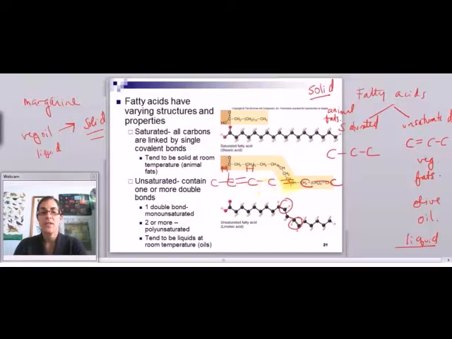Again, the double bonds keep it liquid. What they wanted to do was convert it to something with fewer double bonds, so maybe getting rid of that double bond right there, or reducing the number of double bonds. Notice this one has 2 double bonds, this one only has 1. So this one is going to be more solid than the original oil.